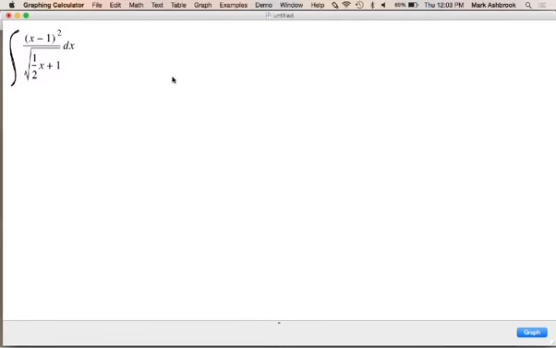So what substitution could we make that might make this a manageable integral? What do we let u equal that might make this easier for us?